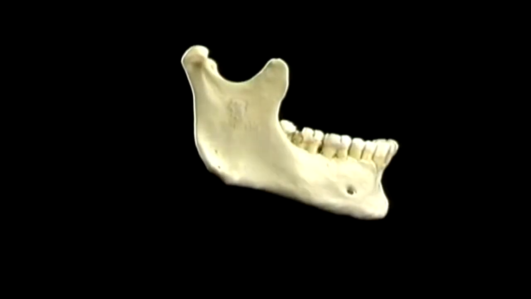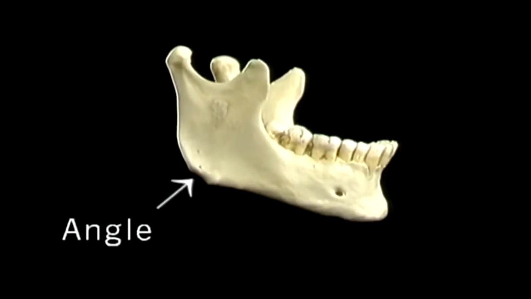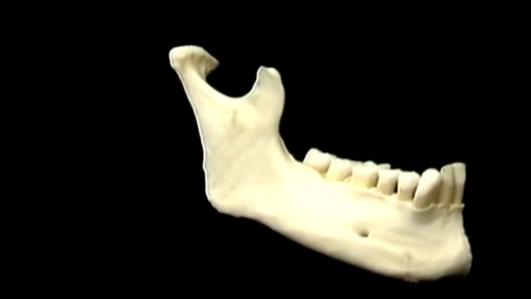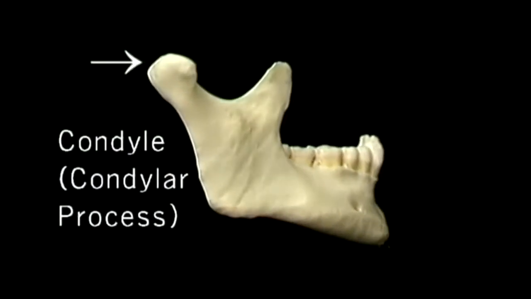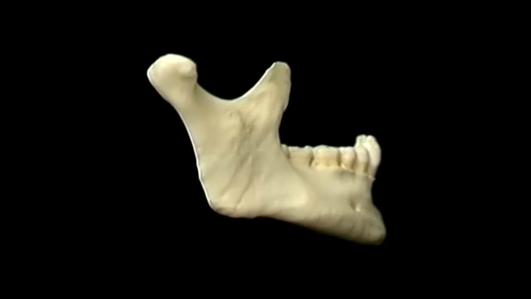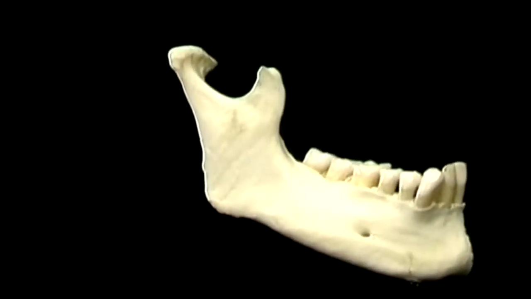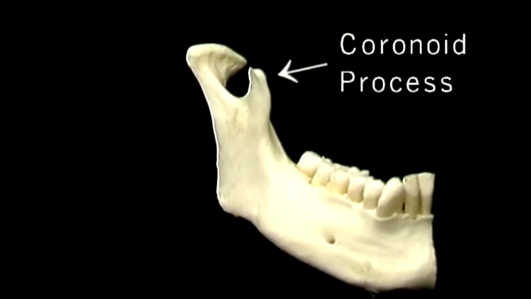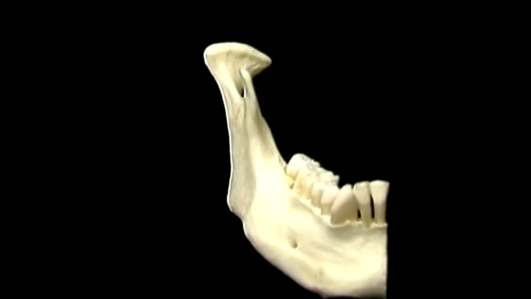The corner between the ramus and the body is the angle of the mandible. The rounded projection that articulates with the temporal bone is the condyle or condylar process. The narrowing below the condyle is the neck. The sharp, slender projection in front of the condyle is the coronoid process, a major muscle attachment, as we'll see.